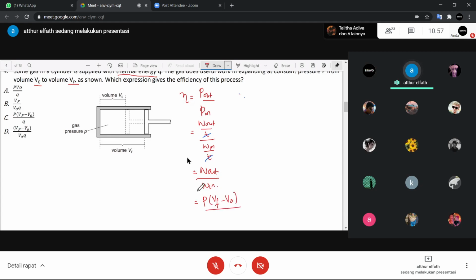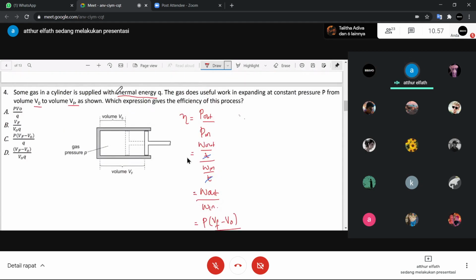And from these questions, we learned about the supply of thermal energy Q. Supply means the energy enters the piston, or in other words, energy input.